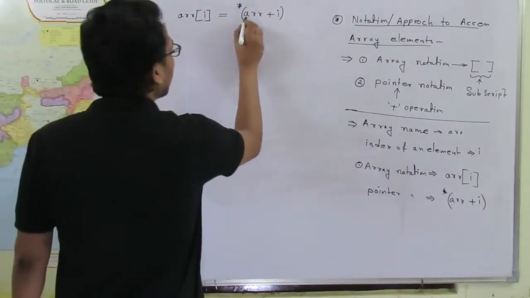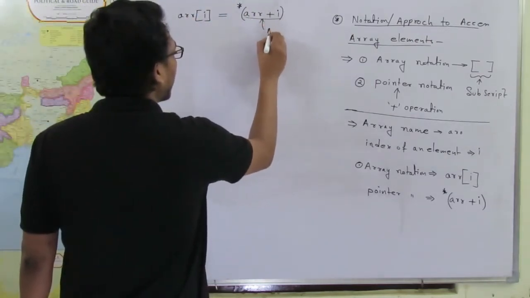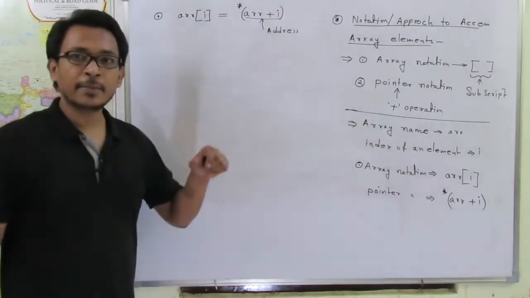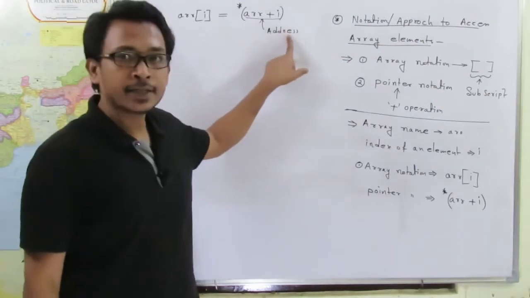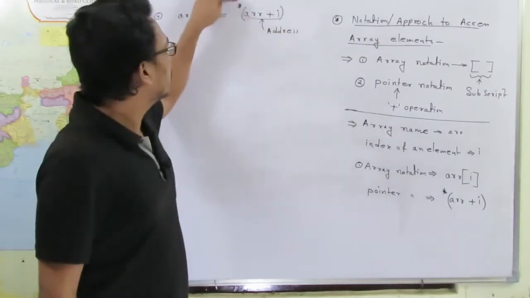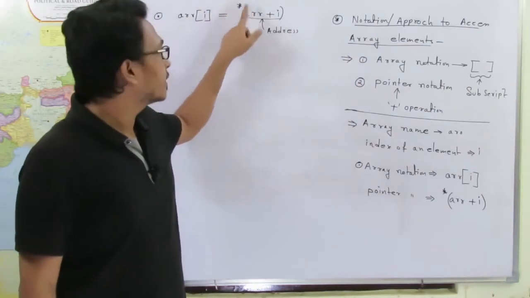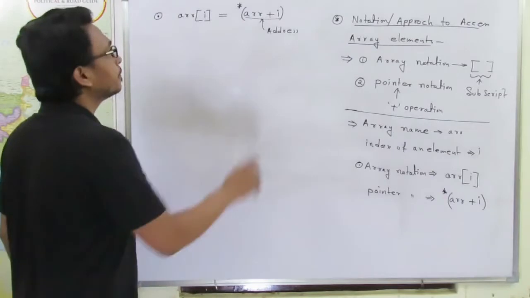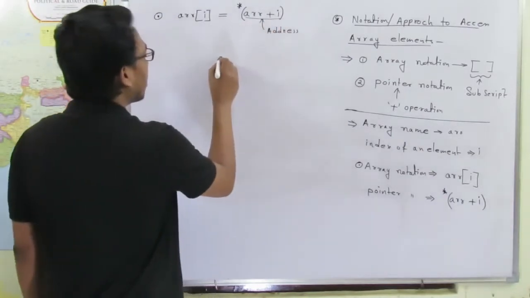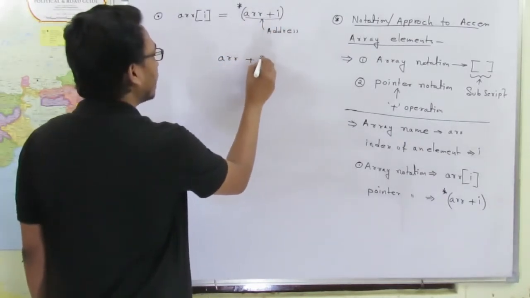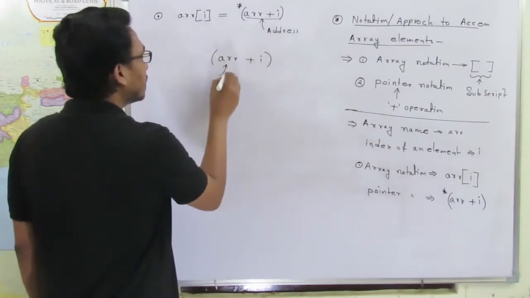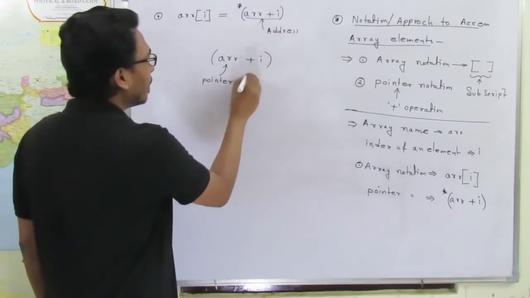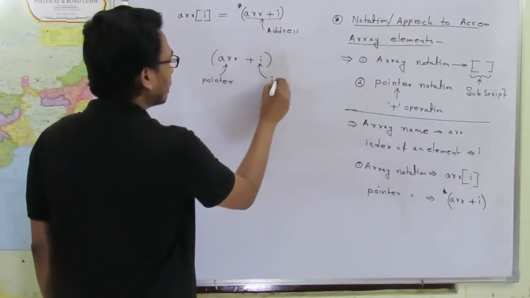Look, this one represents an address, and we want to access the element that is stored in this particular address. Because of that we need to use this indirection operator, because it is a pointer, or it represents an address. Clear? Now in this particular notation ARR plus I, here this one is a pointer, as this is the array name, but this one is an integer.